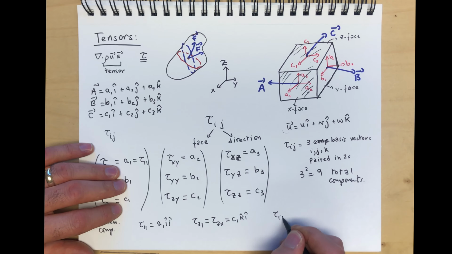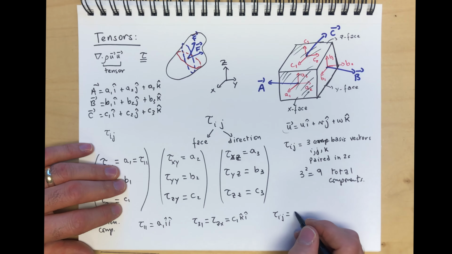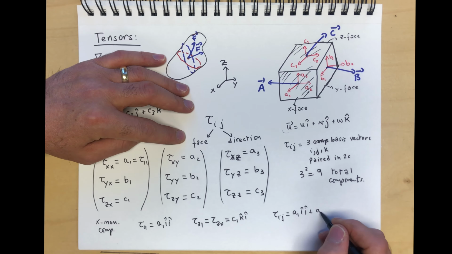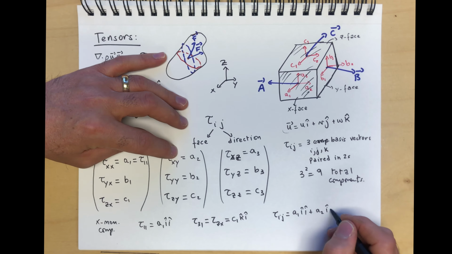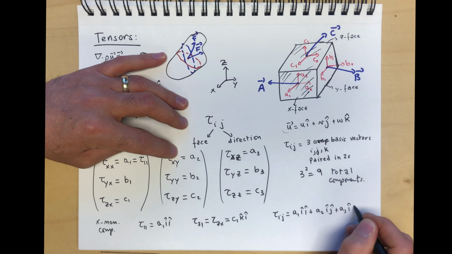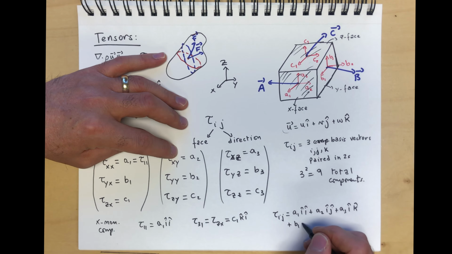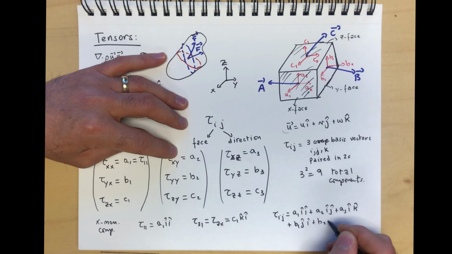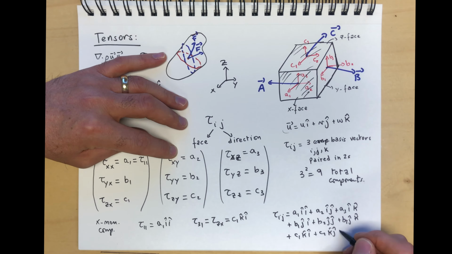So therefore, tau ij is written as a1 ii plus a2, what is this? i face, j direction, ij, plus a3 ik, plus b1, that's on a y face in the i direction, plus b2 y face y direction, plus b3 y face z direction, plus c1 z face i direction, that's ki, plus c2 z face y direction, plus c3 z face z direction.